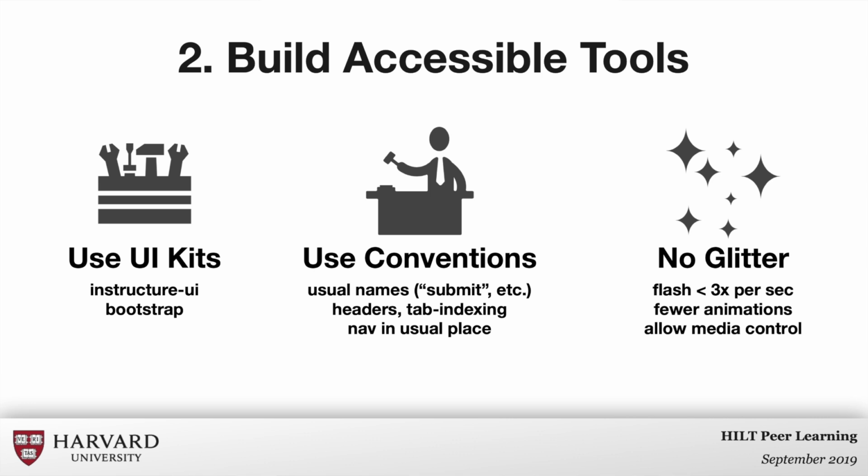The second thing is just common sense. Use conventions. So if you have a submit button, call it submit. Don't call it go or something else that's not usual. Those words help people to identify the things that they're going to interact with. So name things the way that they're usually named, put them in the usual places. So nav is usually at the top, footer information at the bottom, stuff like that.